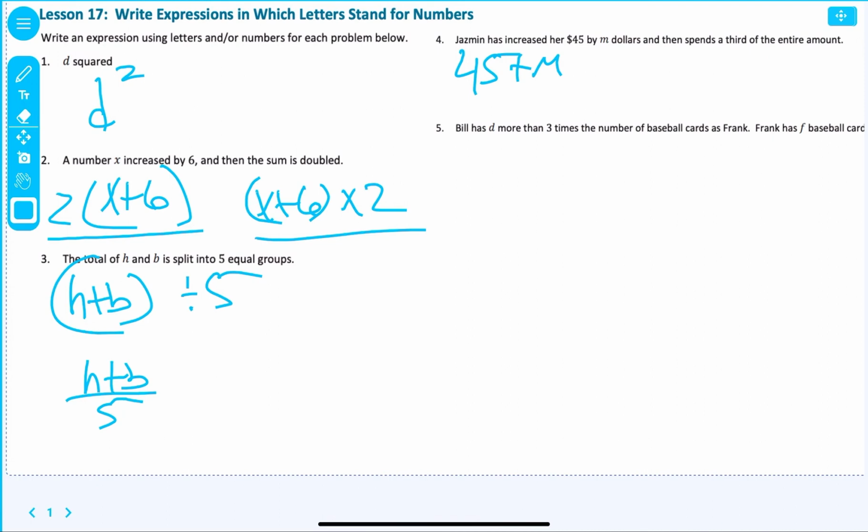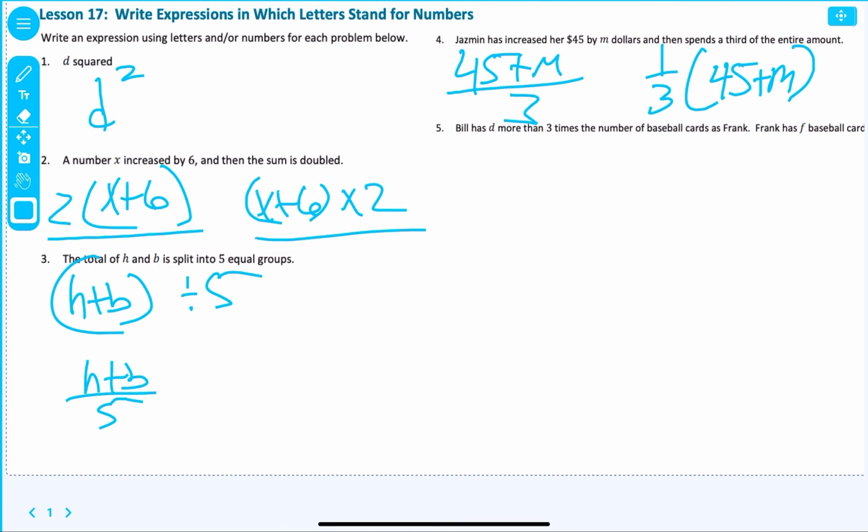You don't, oh, I see what you're trying to do there, but you can't because you don't know what M is. What did you say, Simon? Yeah, so you could do divided by 3, because that would be how much she spent, right? She spent a third of it. Or I would say 1/3 times 45 plus M.